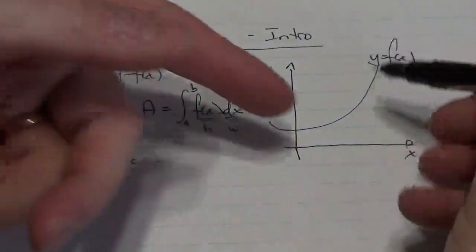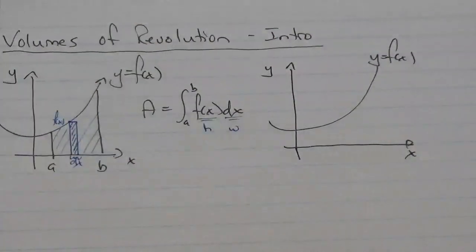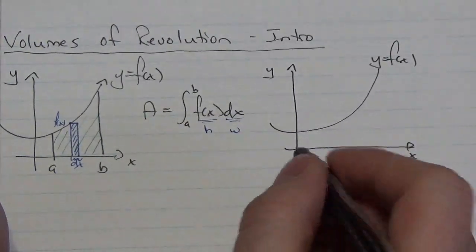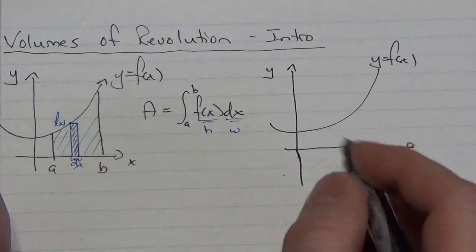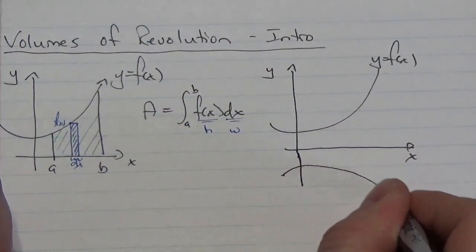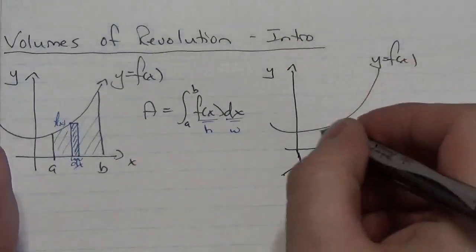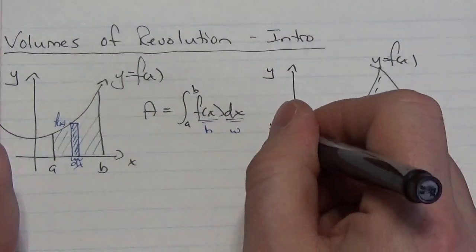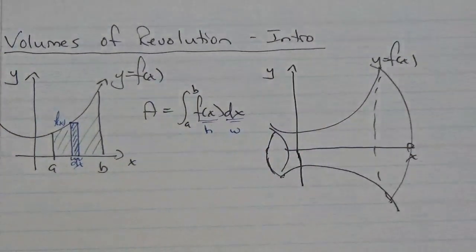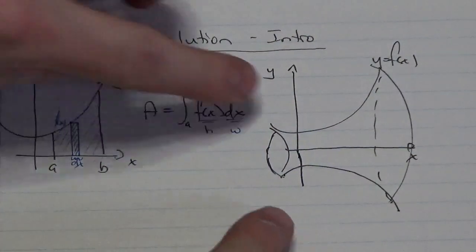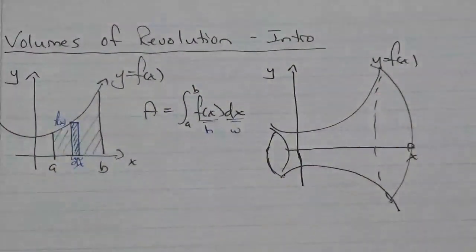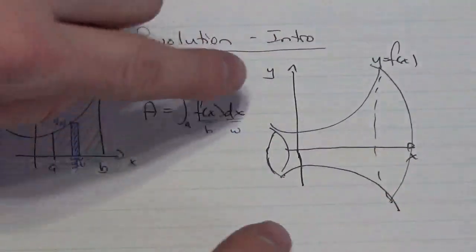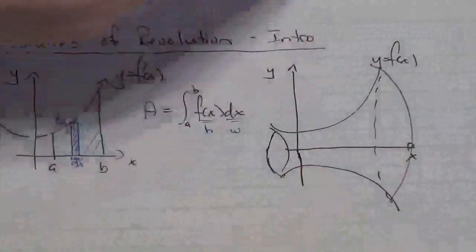Now, if you were to rotate this function about the x-axis, this function's going to be mirror imaged essentially right here, and this thing is going around like that. So you're going to get this weird kind of shape. Remember it's been rotated around, so it's circular and it's going to move in and out there.